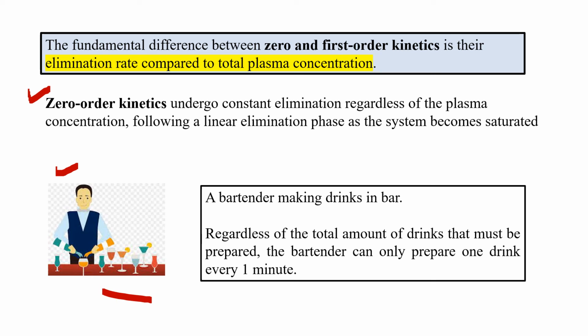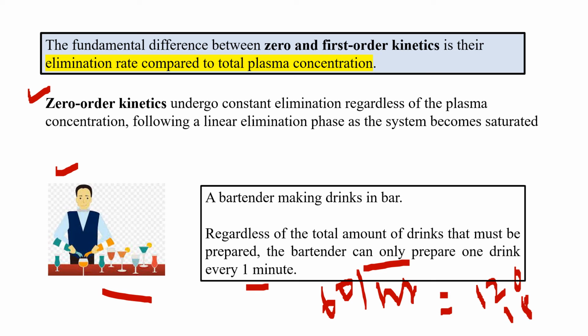But regardless of the total amount of drinks or orders he gets in the evening, the bartender can only prepare one drink every 1 minute. That is 60 drinks in an hour. So if he gets 120 or 180 drink orders, he can only provide 60 drinks in an hour. The rest will be stockpiling.